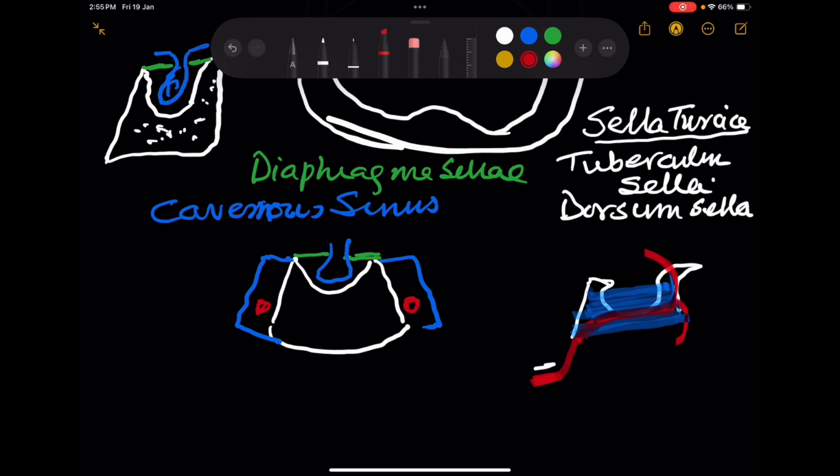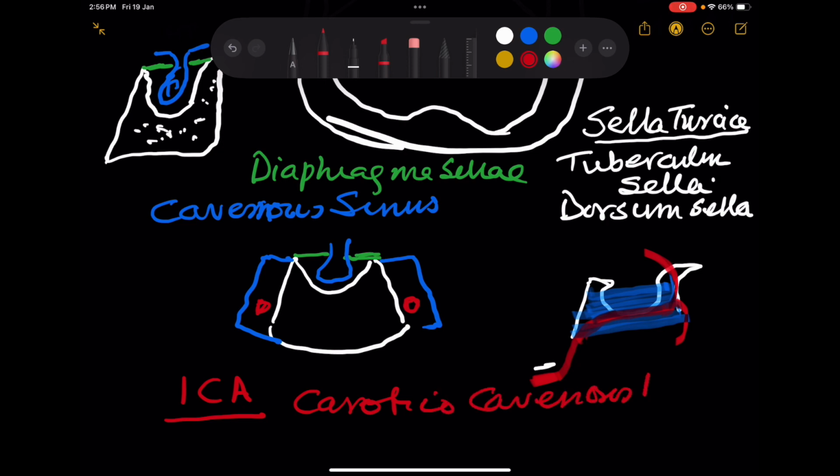So one important content of the cavernous sinus is the internal carotid artery. Now, if this artery ruptures into the cavernous sinus, there is what is called a carotico-cavernous fistula.